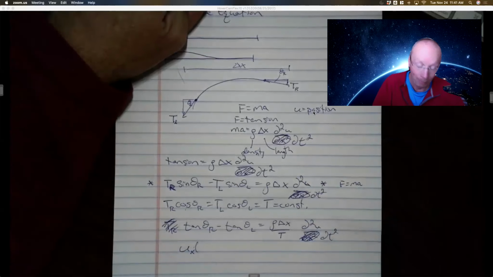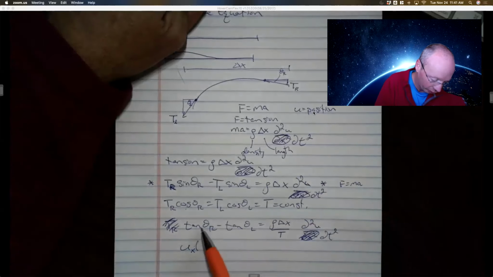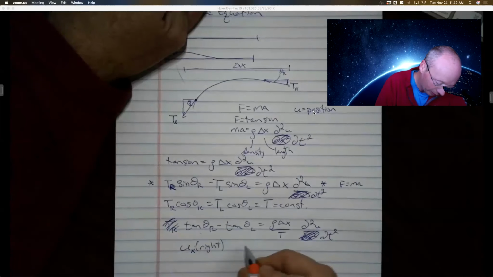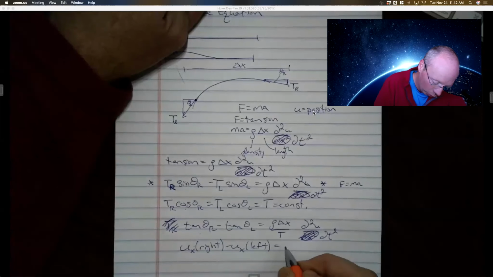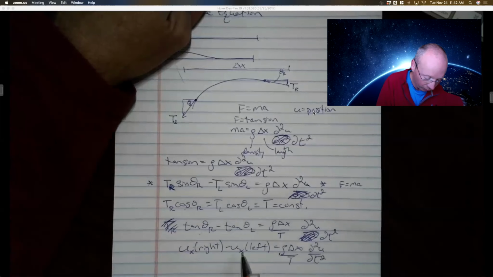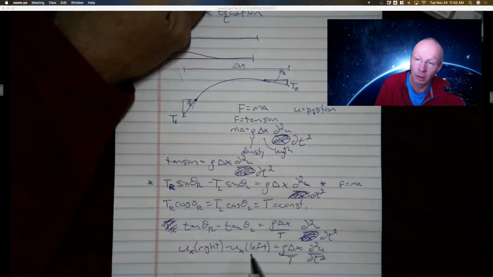Okay, now back to this. That is just the slope on the right, and that is just the slope on the left. So this is ux at the right-hand point minus ux at the left-hand point, equals rho delta x over T times my acceleration. If I divide this difference by another delta x, it looks like a second derivative.